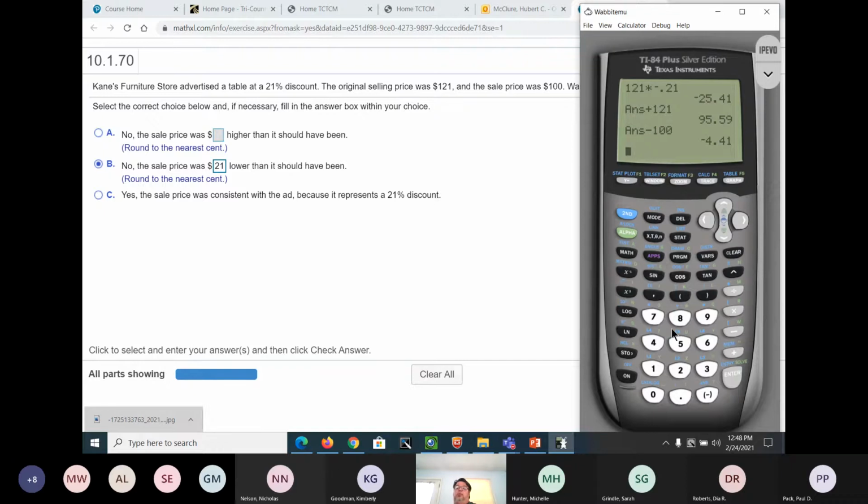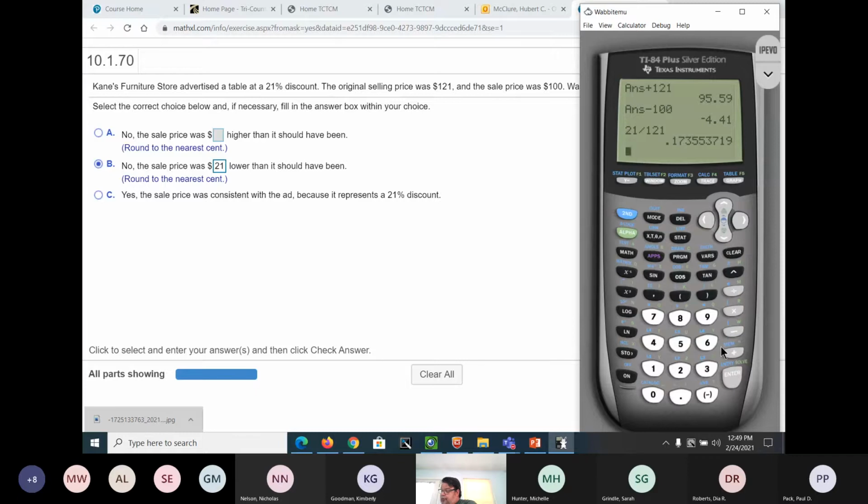21 divided by 121 is 17.35%. So I got 17.35%. X is equal to 17.35%.